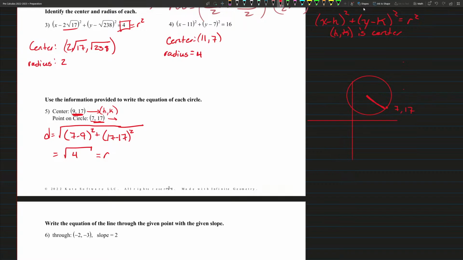So our equation of a circle is x minus h, in this case that's 9, squared, plus y minus k, which is 17 in this case, squared, is equal to the radius squared, which is just 4.